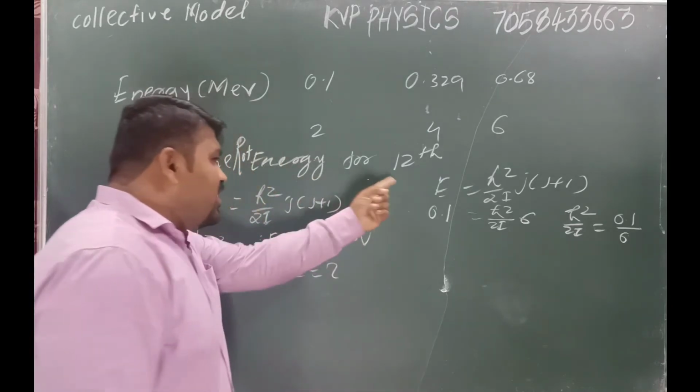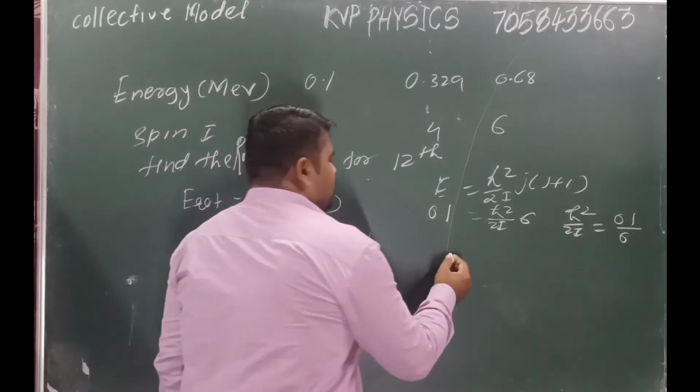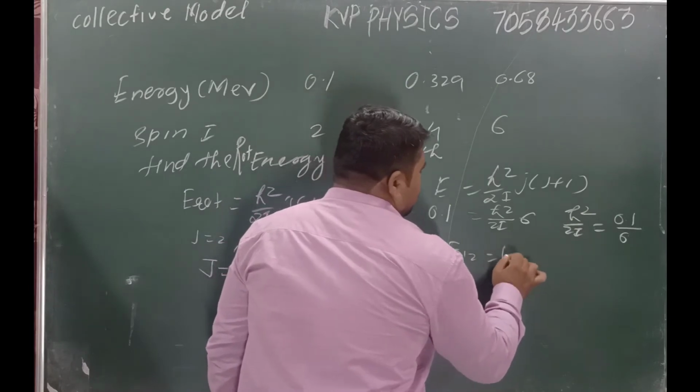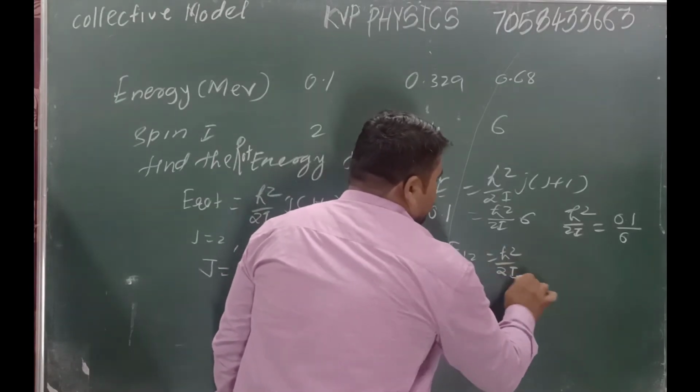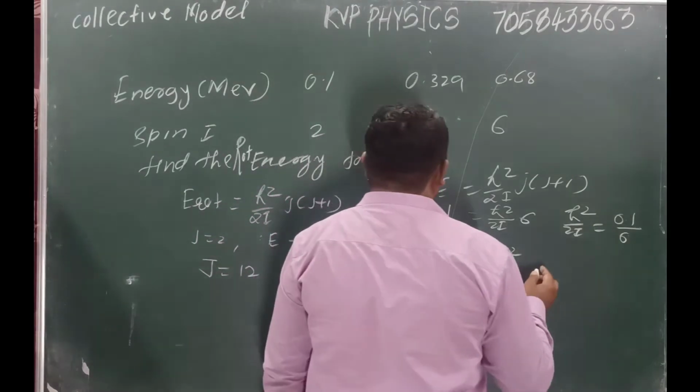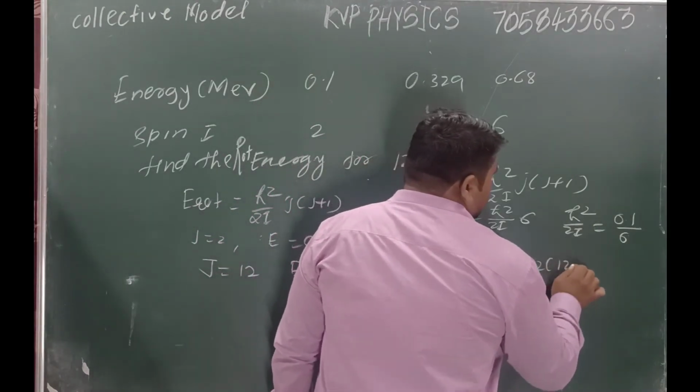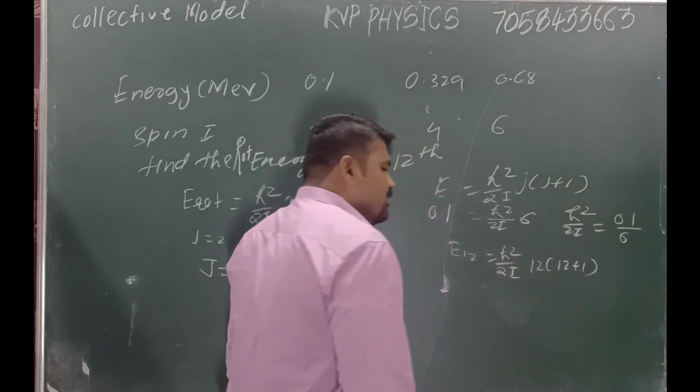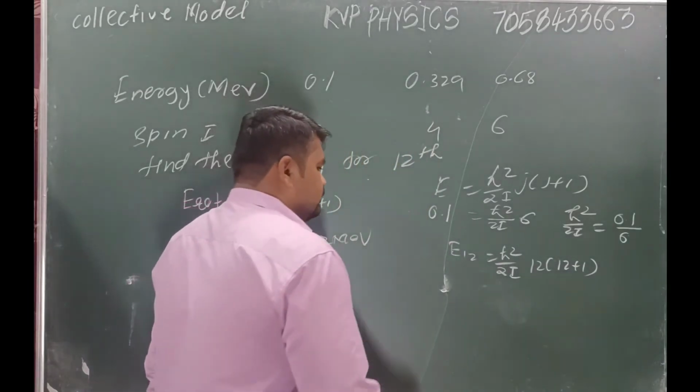Now, our aim is finding the 12th state, so write down E12 is equal to h cross square upon 2i, and substitute the J value. What is the J value here? 12 into 12 plus 1, which is 13 into 12.